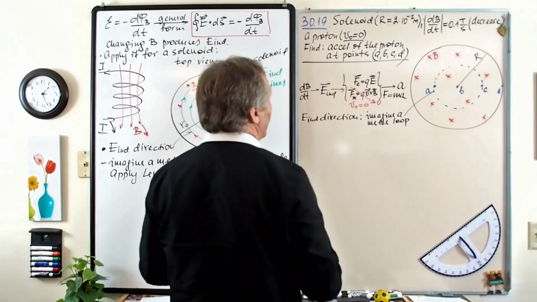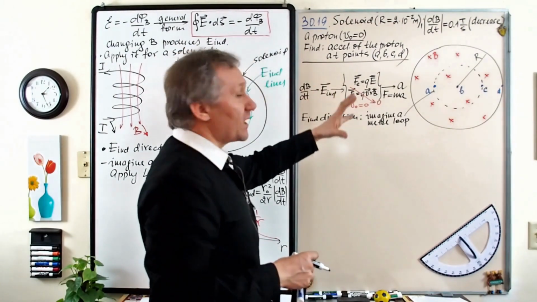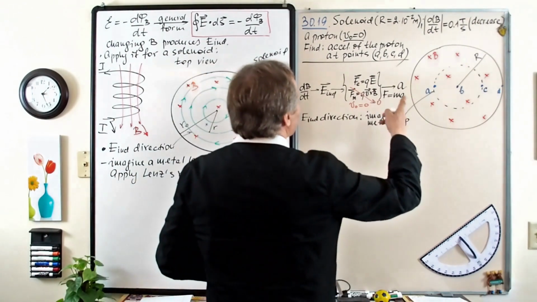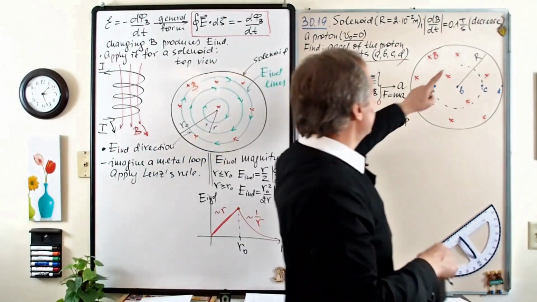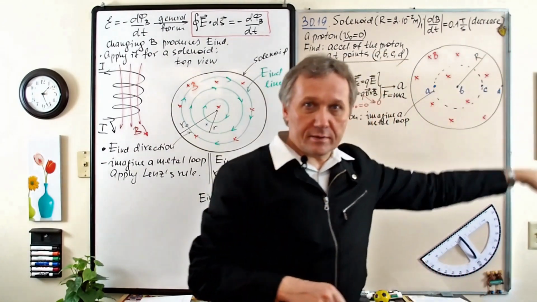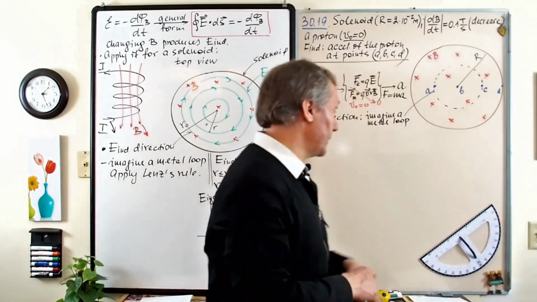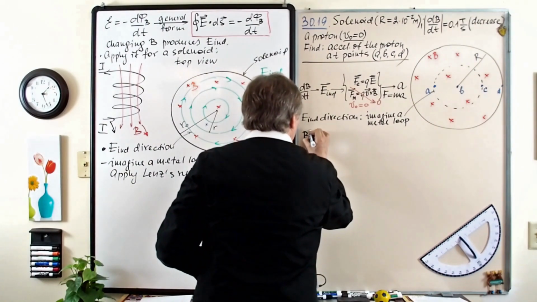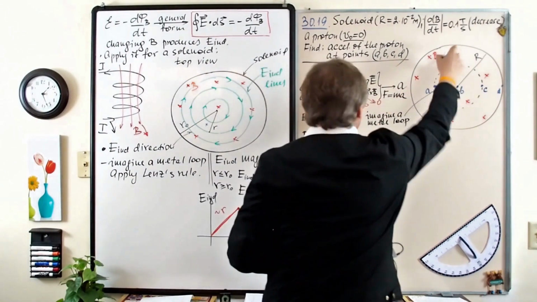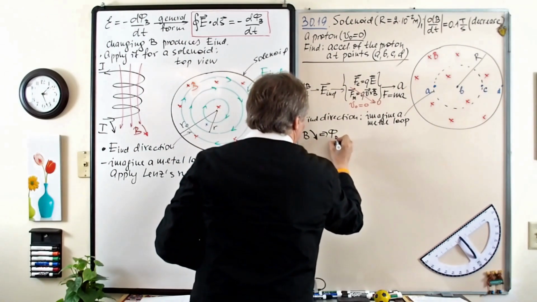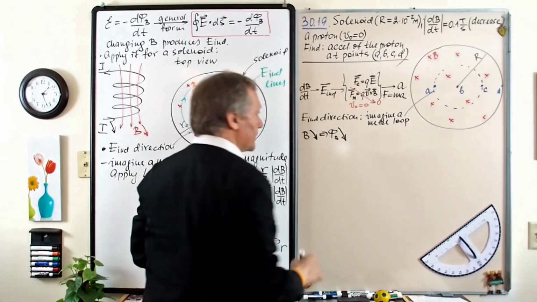And so what happens? A typical Lenz's rule application. So what happens with the magnetic field? The magnetic field decreases. The area of the loop stays the same. The angle stays the same. So basically I can write, B is going down, B decreases. As a result, magnetic flux decreases.